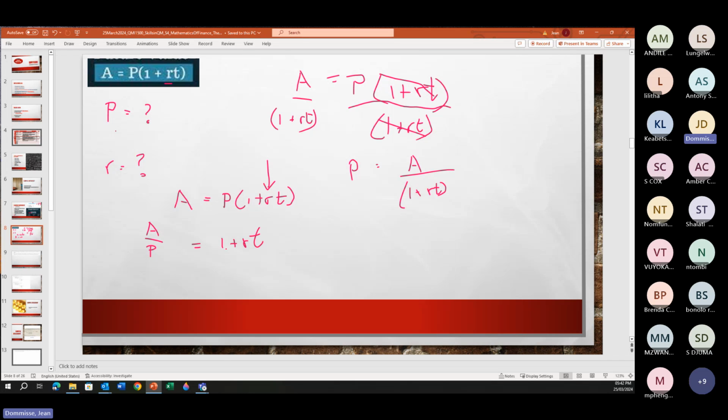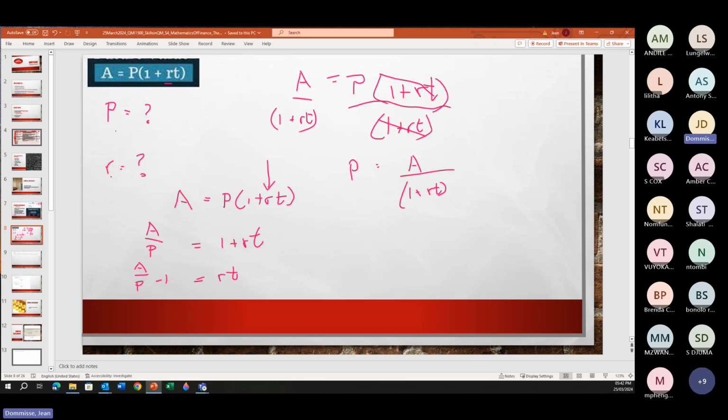Then I need to get rid of the 1. So I will subtract 1 on both sides. So that means I'm left with RT. And now you can see if I needed to get R or if I needed to get T, I will divide by that variable.